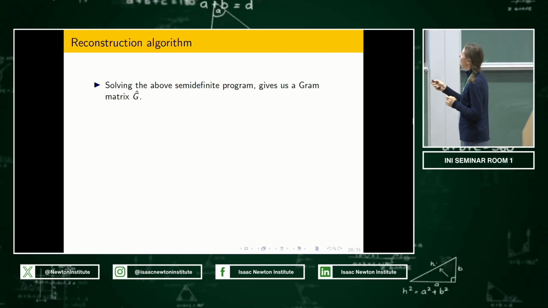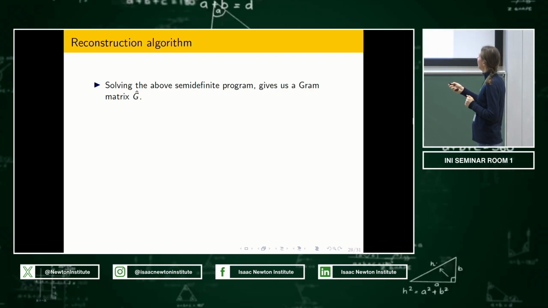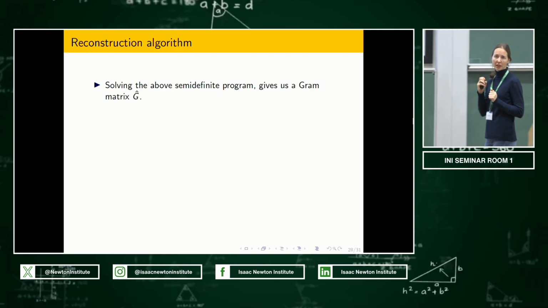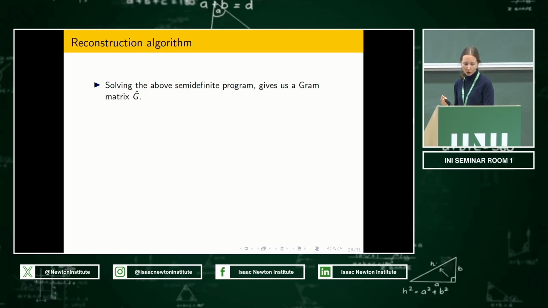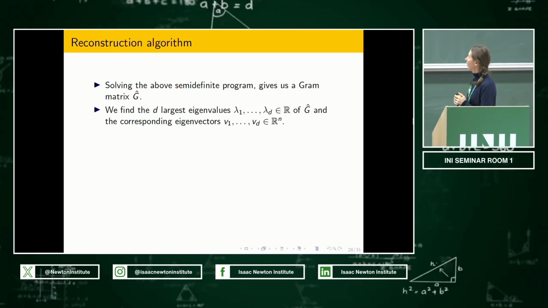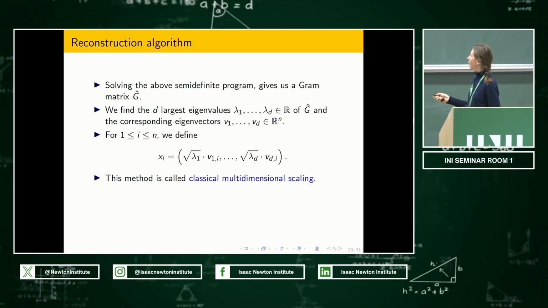So when we run that program, we get the Gram matrix G hat, but we still need to get the points. So we find the largest eigenvalues of the Gram matrix G hat and the corresponding eigenvectors, and we define the points x_i using this formula over here.